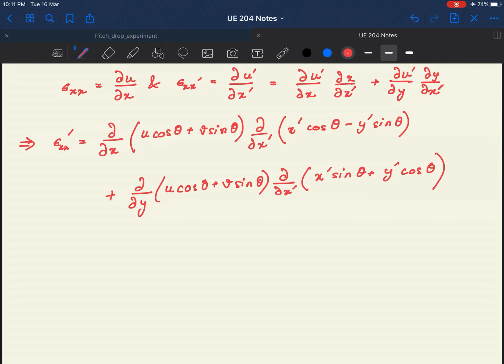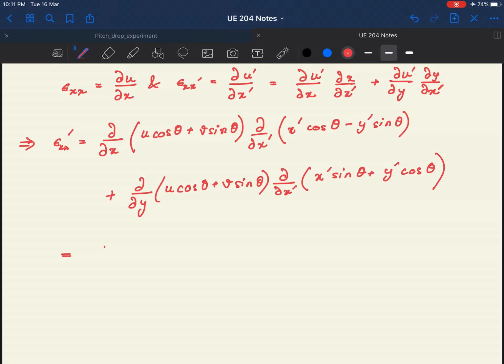Now I should go ahead and expand, and this is going to be a lot of terms. This multiplied by this, x will go away.